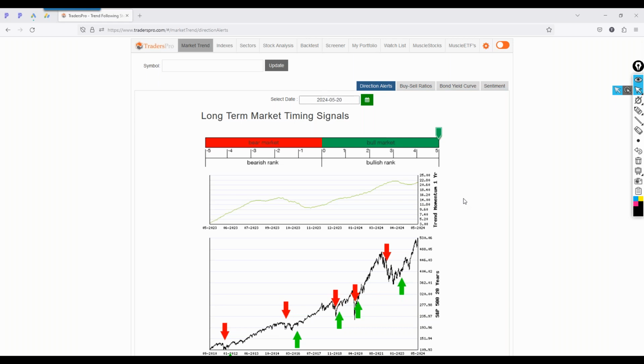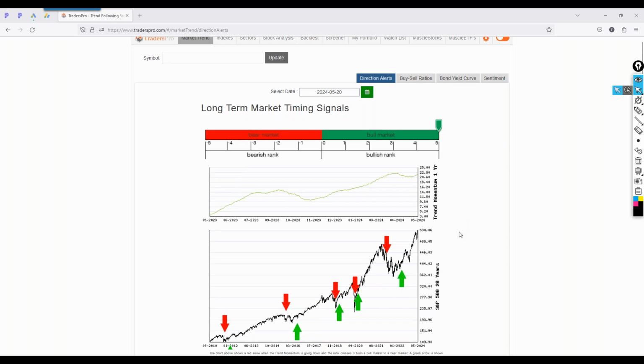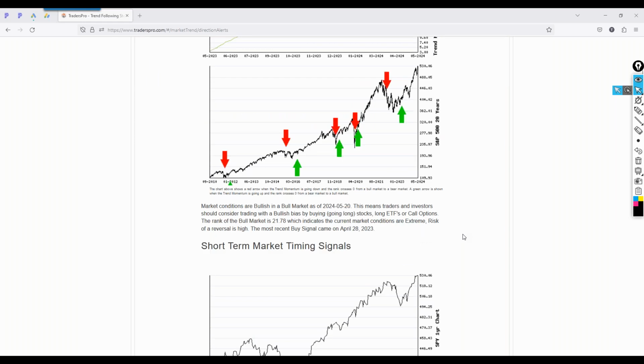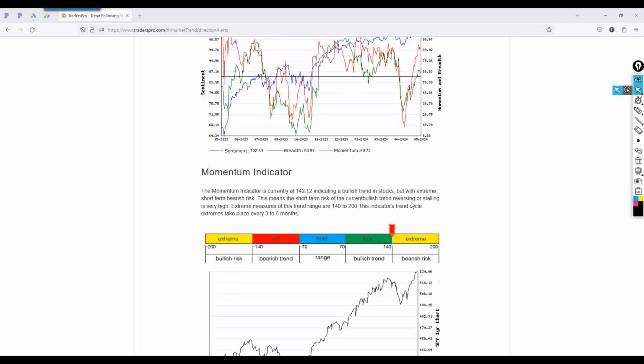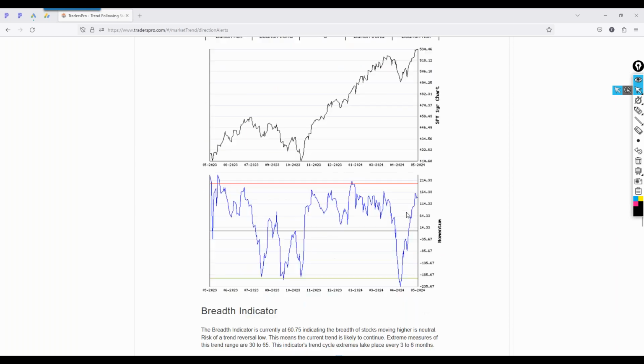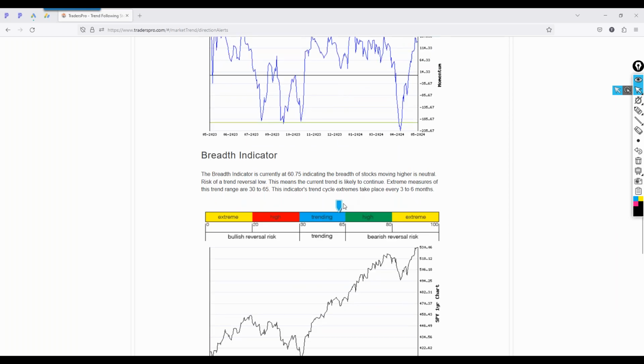Now, that being said, we still want to focus on the shorter term, in addition to that longer term pattern. So our shorter term signals, obviously we're at the upper end of the range. Momentum is towards that upper end of that range. Breadth is really just the participation in the trend. Are we getting a large percentage of stocks in that uptrend?